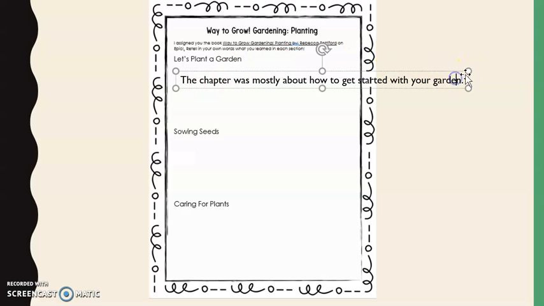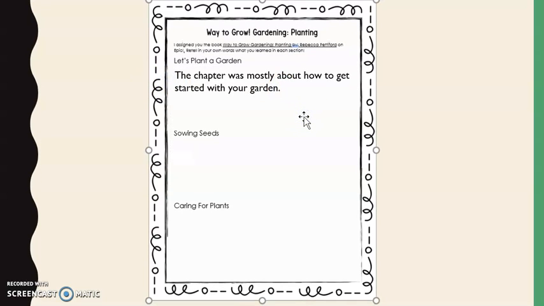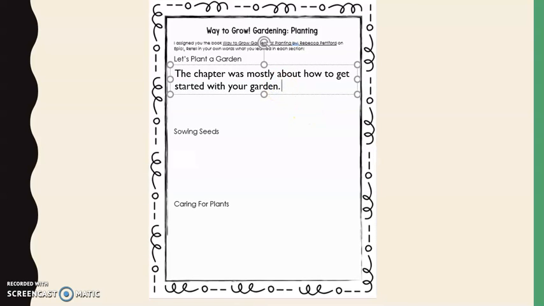All right, the next thing I need to see is what was a fact that we learned from the chapter. Well, one fact I learned is that you need a lot of sun when planting a garden. So I'll add that. Gardens need sunlight.